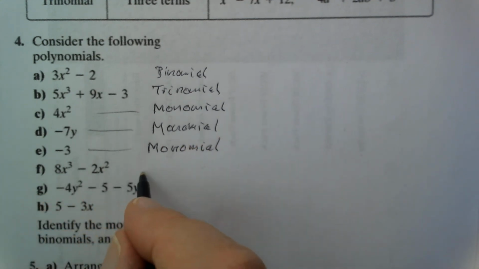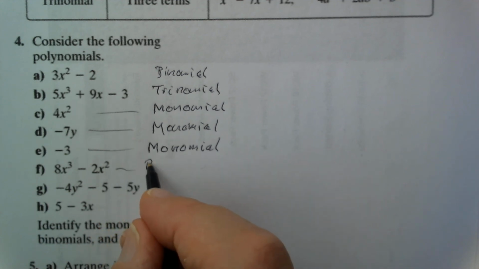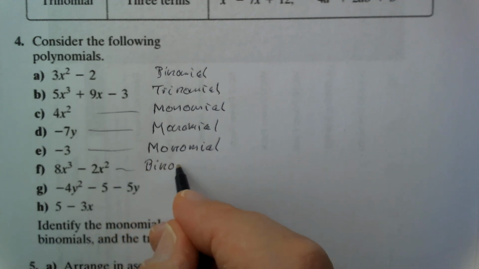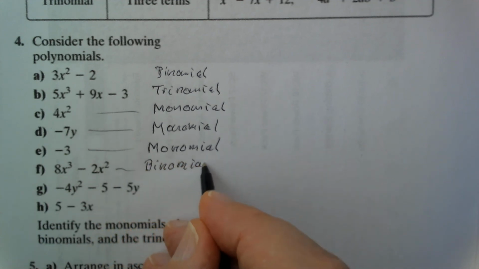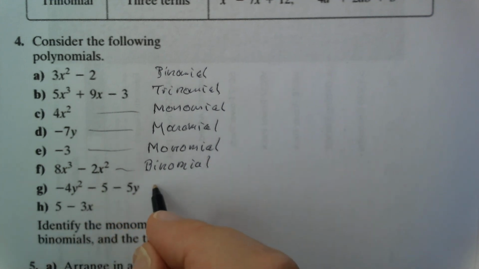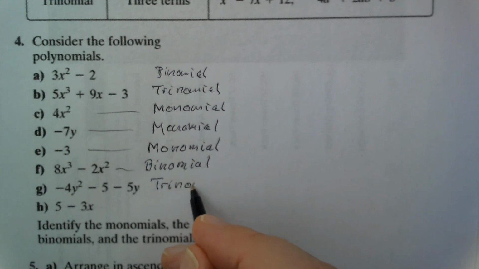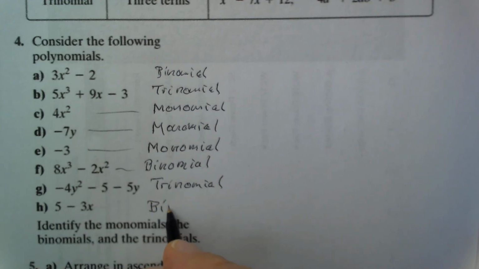And here we have two terms, so it's a binomial. Here we have 1, 2, 3 terms, so it's a trinomial. And then the last one has two terms, so it's a binomial.